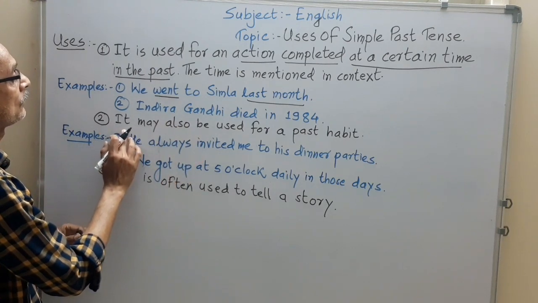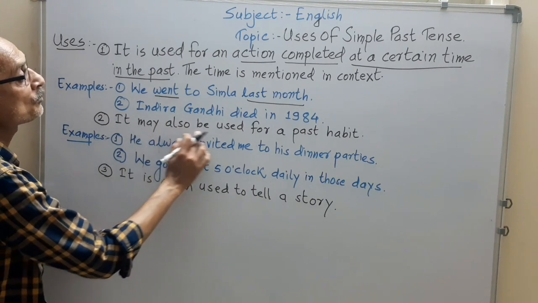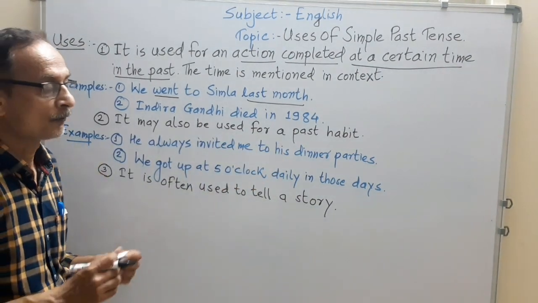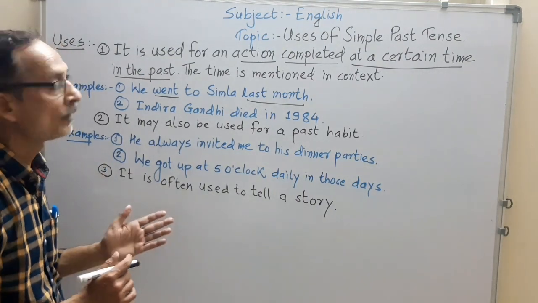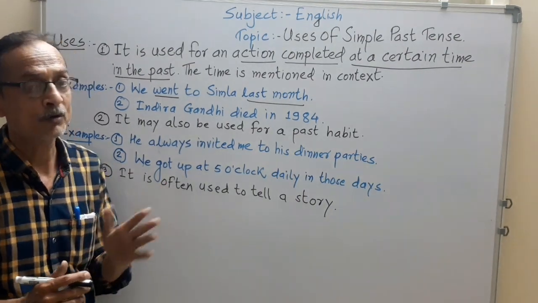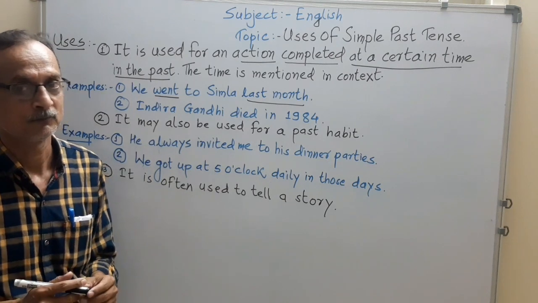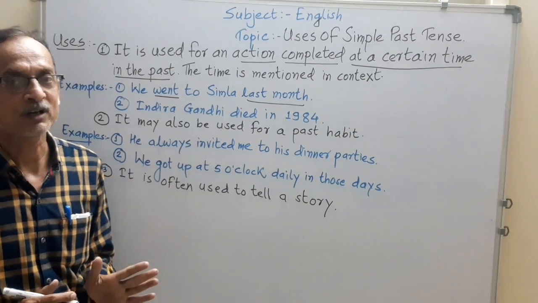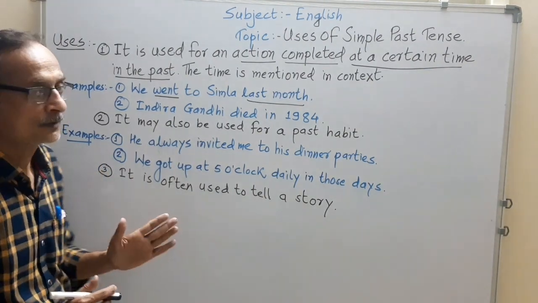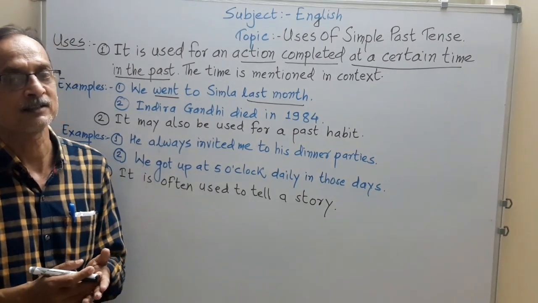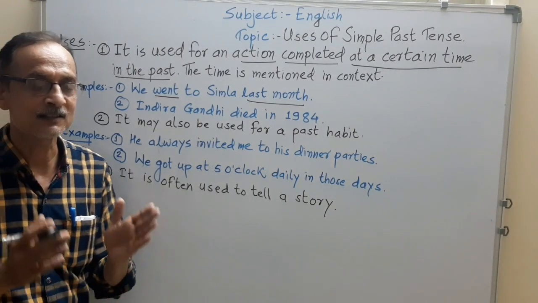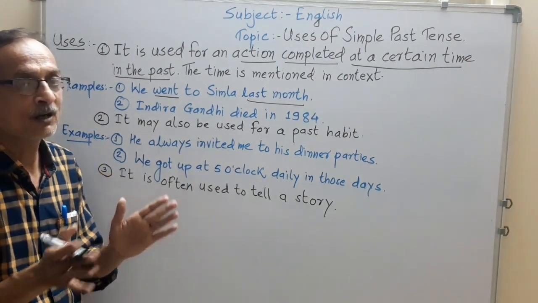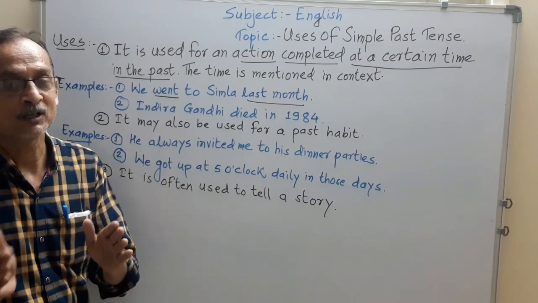Second use, it may also be used for past habits. When we talk in English, in spoken skill or in writing skill, the uses of tenses are very important, because when we assert any sentence, the sentence is related with the action, and action is related with the verb, and verb is related with tense.